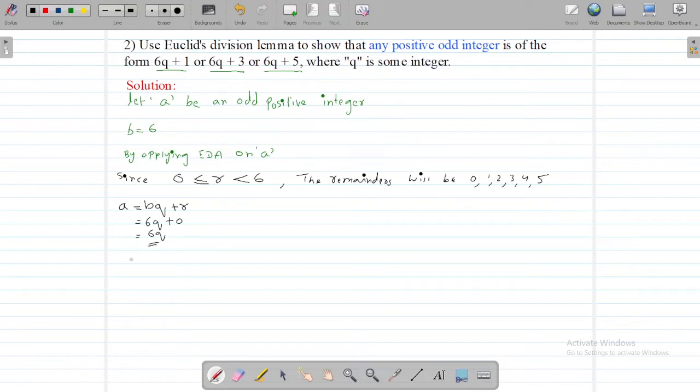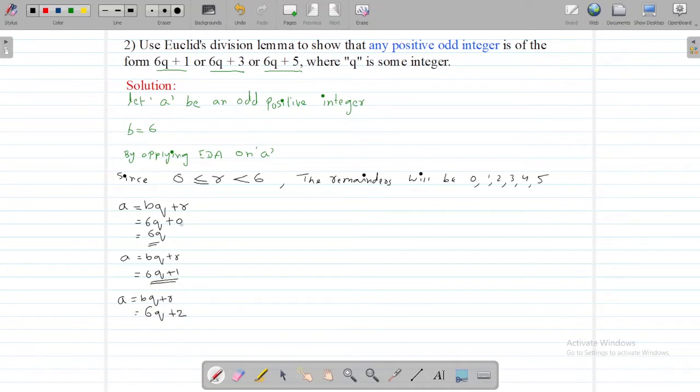Similarly, the second one will be a is equal to bq plus r, so here 6q plus 1. This is our second one. Then a is equal to bq plus r, so 6q plus 2. Why?